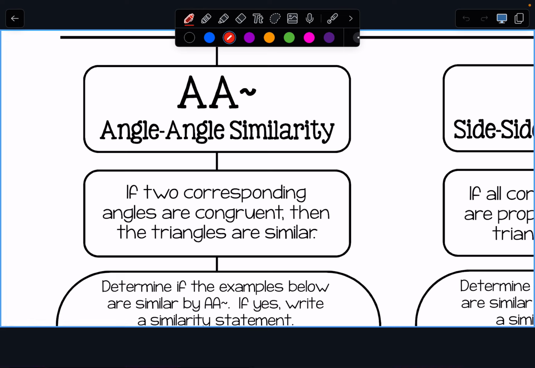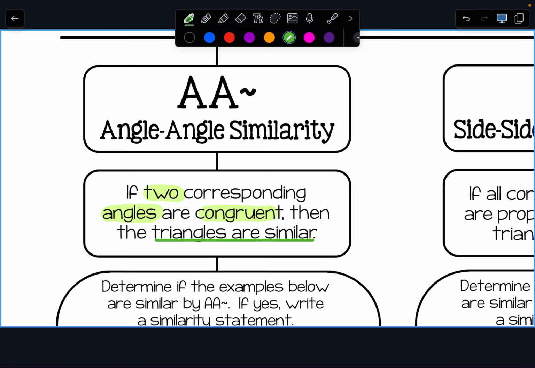The first one is angle, angle. And you know that this squiggle means similar? Now you do. This squiggle right here means similar. It's like the squiggle that's on top of the congruent sign, right? So angle, angle: if 2 corresponding angles are congruent, then the triangles are similar.